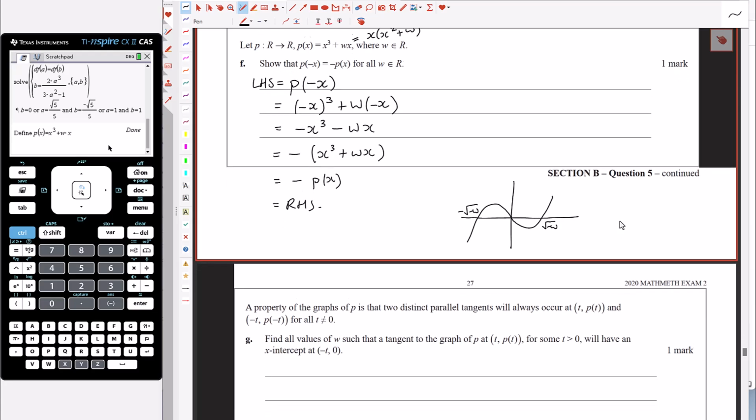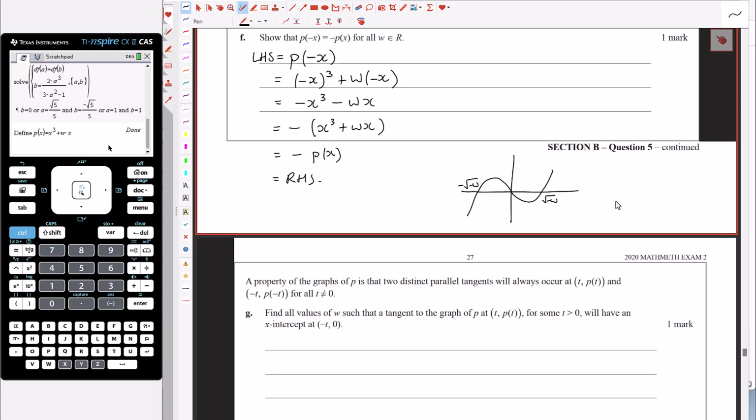So a property of the graphs of P is that two distinct parallel tangents will always occur at t, and again, there's going to be some symmetry going on where if this is t and this is negative t, the tangents at each of those are going to be parallel.